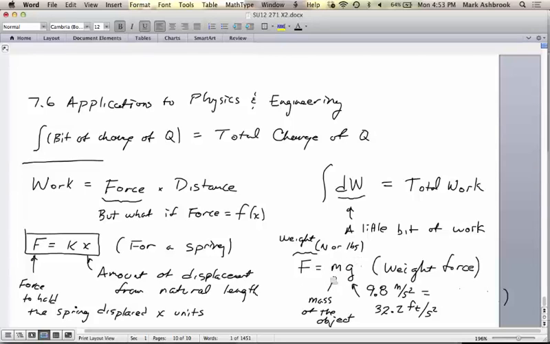Using metric units, oftentimes you'll be given the mass of something, and then using this m times g, that gives you the weight of it in newtons. So newtons and pounds is apples to apples, right? If you just have the weight, you don't need to do mg if you want the force of gravity on something, that's pounds or newtons. And newtons would come from the mass in kilograms times 9.8. Okay?